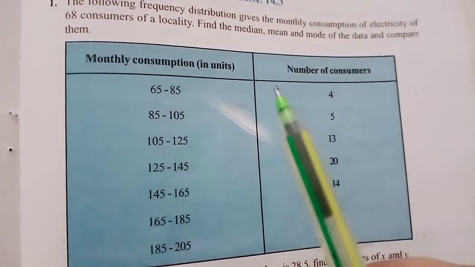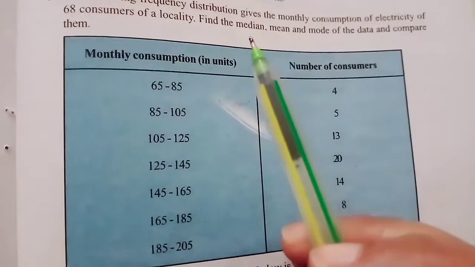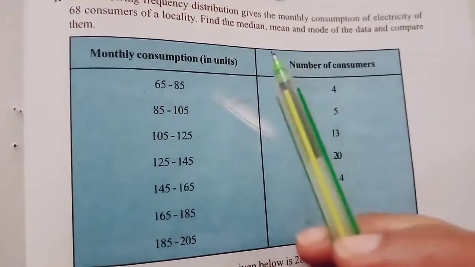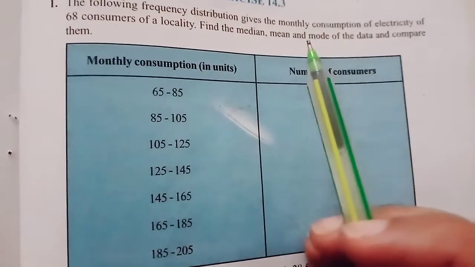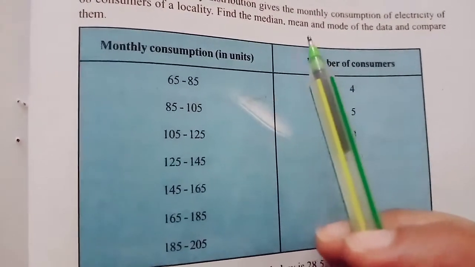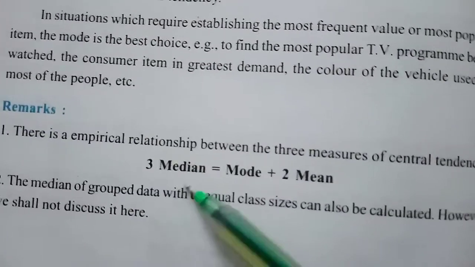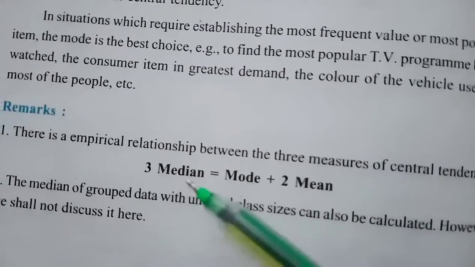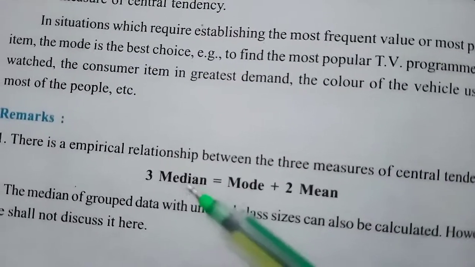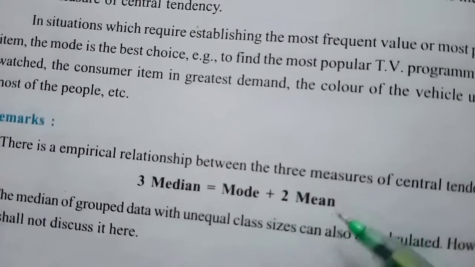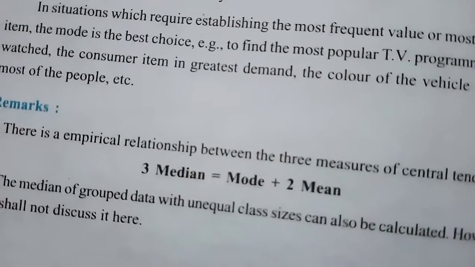In the previous video, I already discussed the empirical relationship between median, mean and mode. Among these three, let us find any two, and the third one we can find using this formula: 3 median equals mode plus 2 mean. In this question, I will find the median and the mode, and find the mean using this formula.